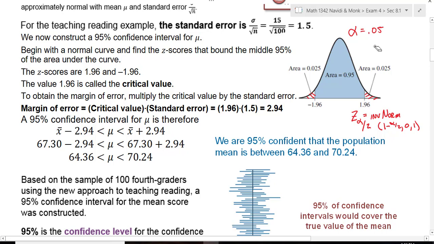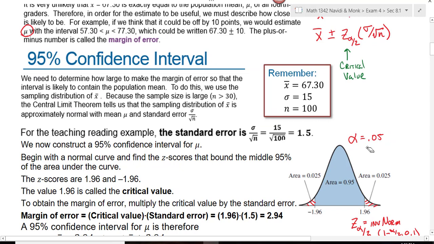So for a 95% confidence interval, our alpha is going to be the remaining 5% that keeps us from being 100% confident. The area of 0.95 is the middle area. When I'm talking about alpha, I'm talking about what part is left over in either of the two tails. So that 5% gets split evenly over the two tails.